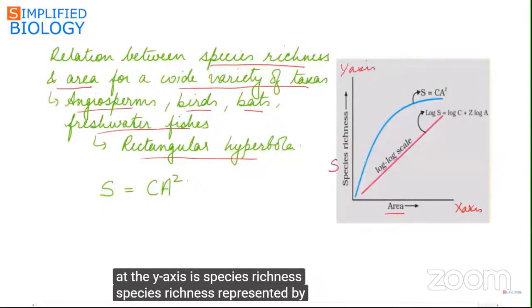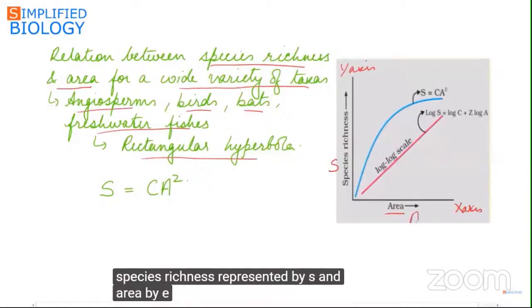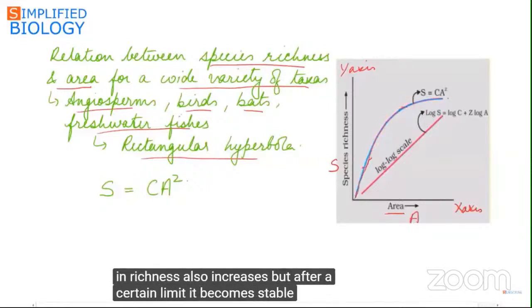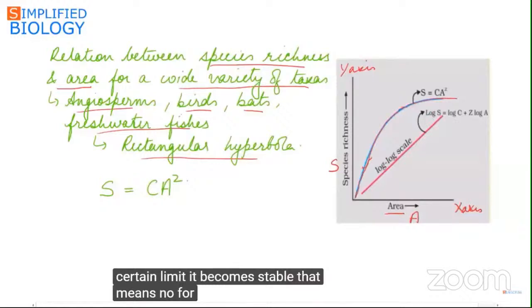Species richness represented by S and area by A. Now as the area is increased, the species richness also increases, but after a certain limit, it becomes stable. That means no further species richness or diversity can be seen.